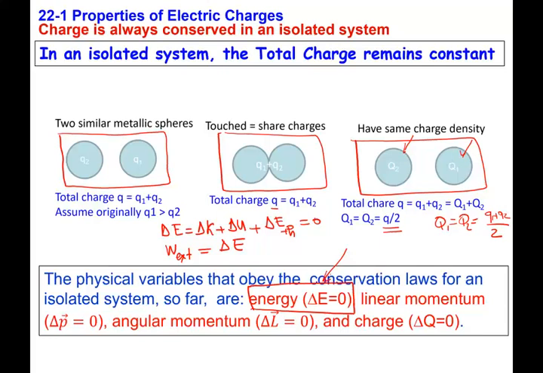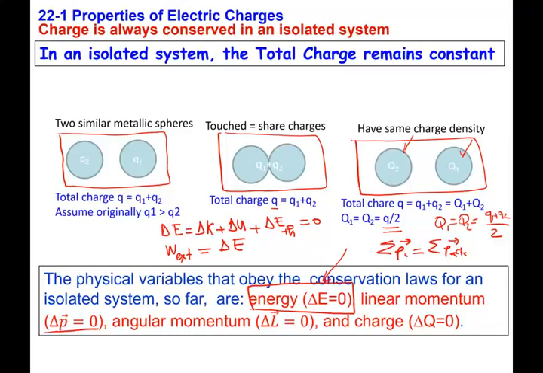Then later on, you studied the law of conservation of momentum. If you have an isolated system, the sum of the momenta before is equal to the sum of the momenta after the collision. In an isolated system we have conservation of momentum, and the general equation is delta P equals 0.